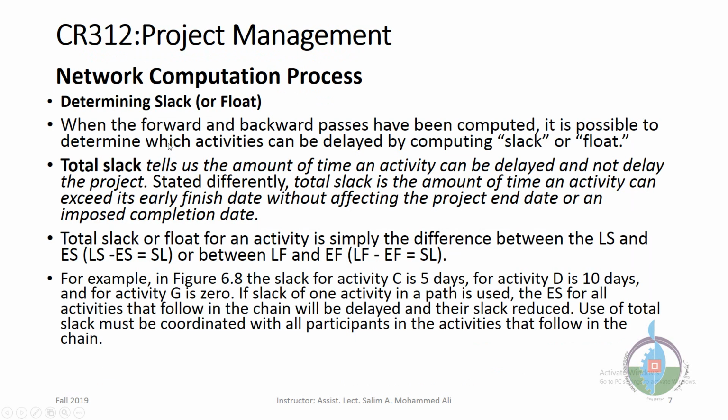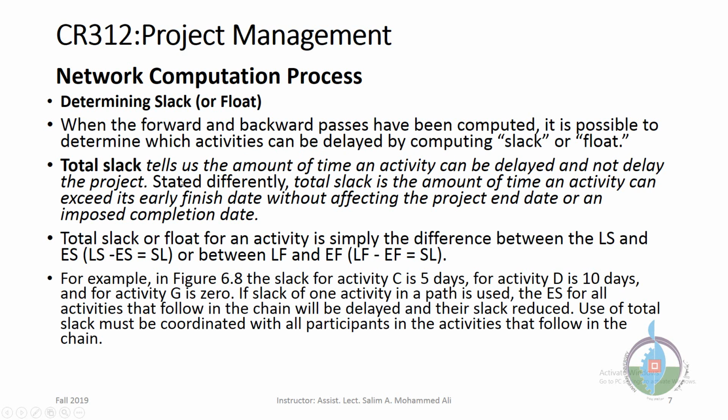Okay, now we have to determine the slack or float. This is a very important term in project management or network computational process. When the forward and backward passes have been computed, it is possible to determine which activities can be delayed by computing slack or float.